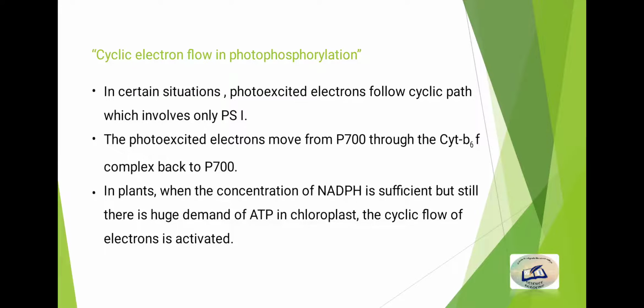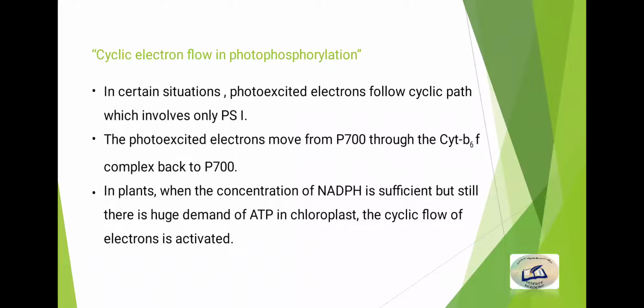Photo means the reaction occurs in the presence of light, and phosphorylation means addition of phosphate. As I told you earlier, in this process there is a large amount of ATP production, and ATP production is termed phosphorylation. So the whole process is termed cyclic photophosphorylation.